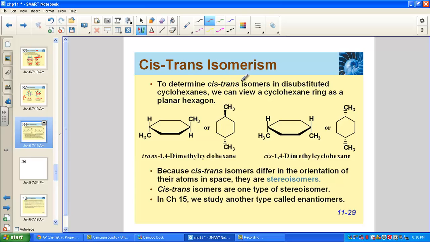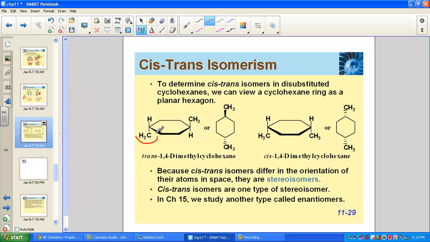To determine cis-trans isomers in a di-substituted cyclohexane, try to view it as a planar hexagon. So let's take a peek. And again, if you have your models, it's worth building. Here we have a cyclic structure with 6 carbons.